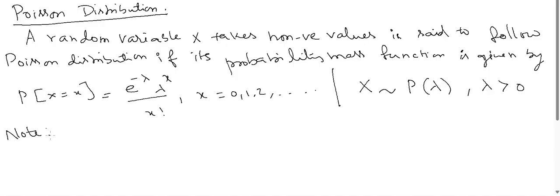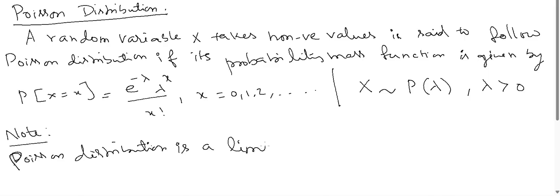Another note: Poisson distribution is a limiting form of binomial distribution.